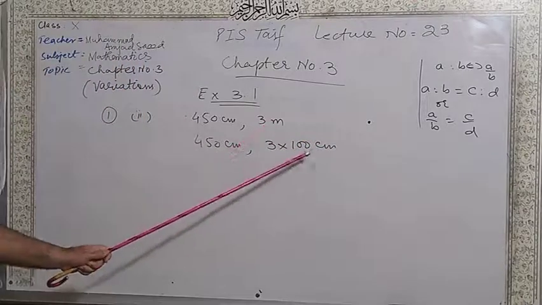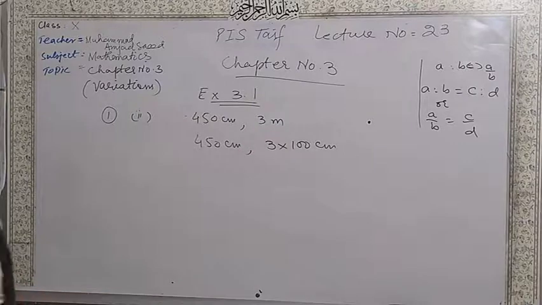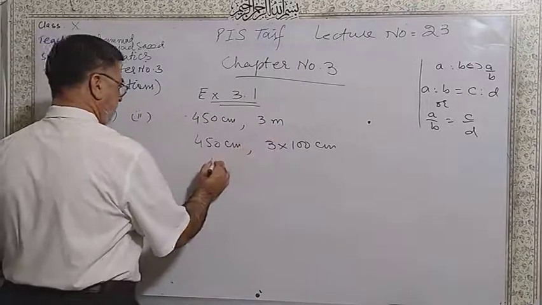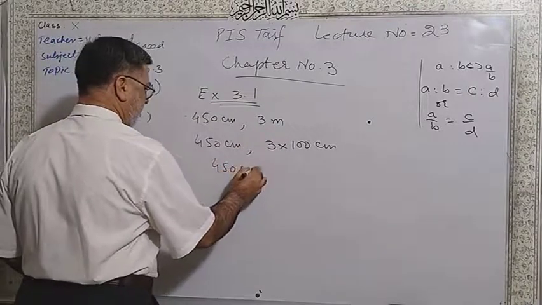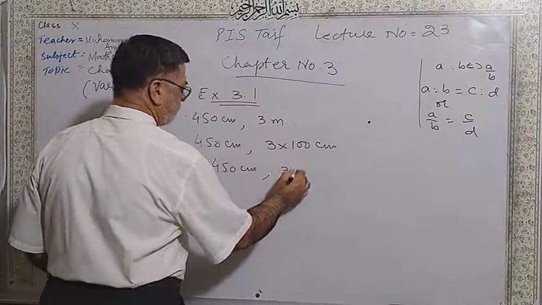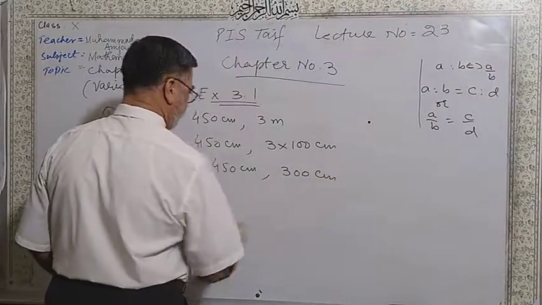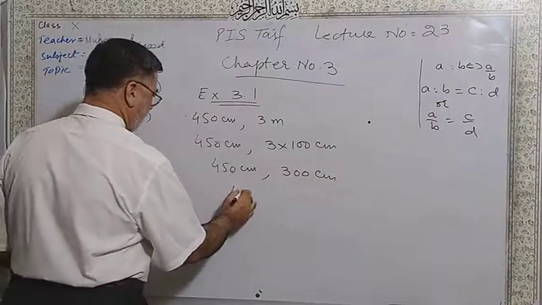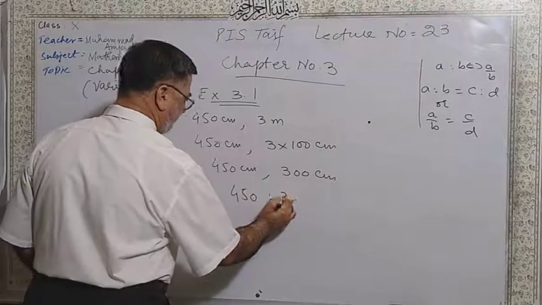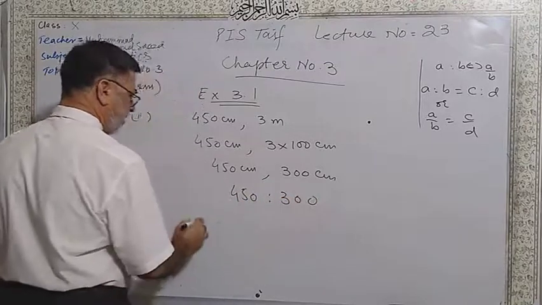Meter is converted into centimeter by multiplying with 100. So 450 centimeter and 300 centimeter. Now you can write down 450 ratio 300.